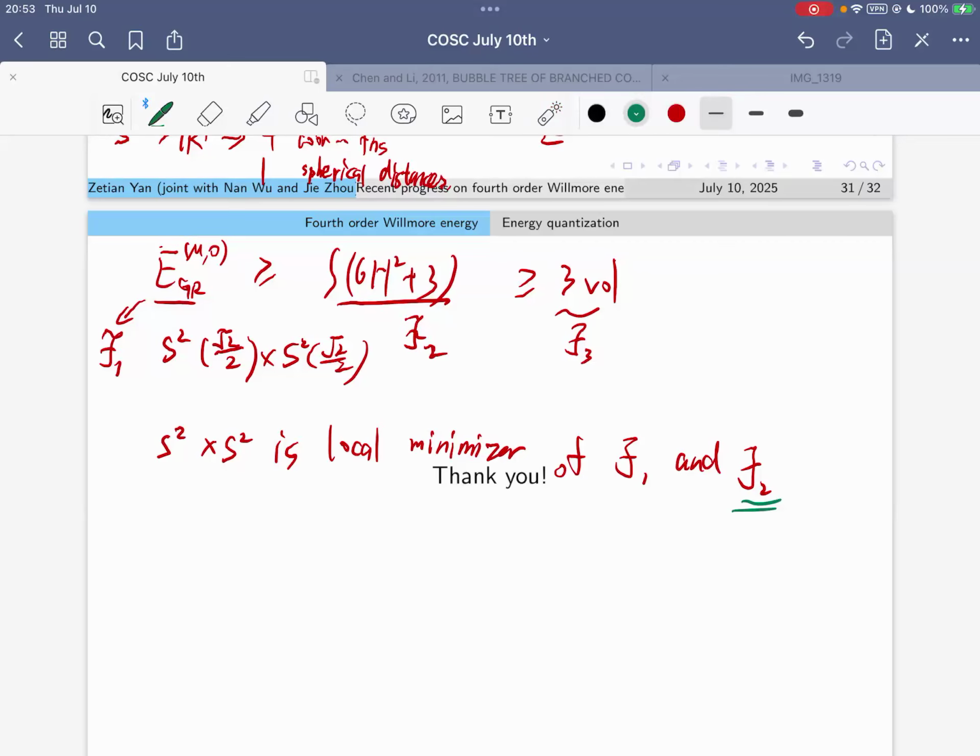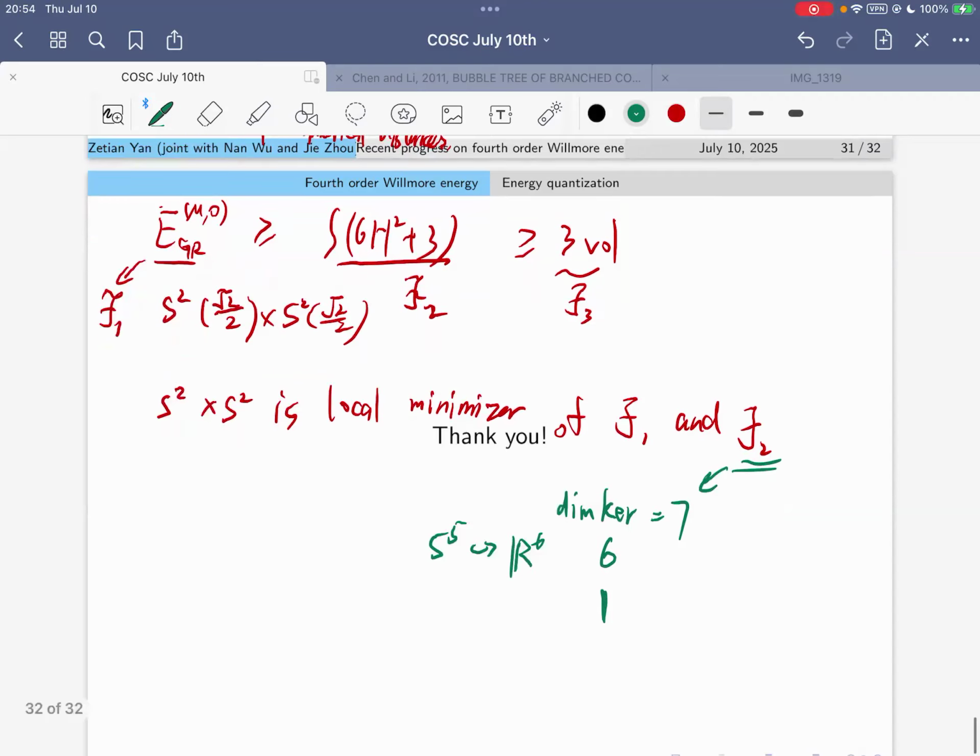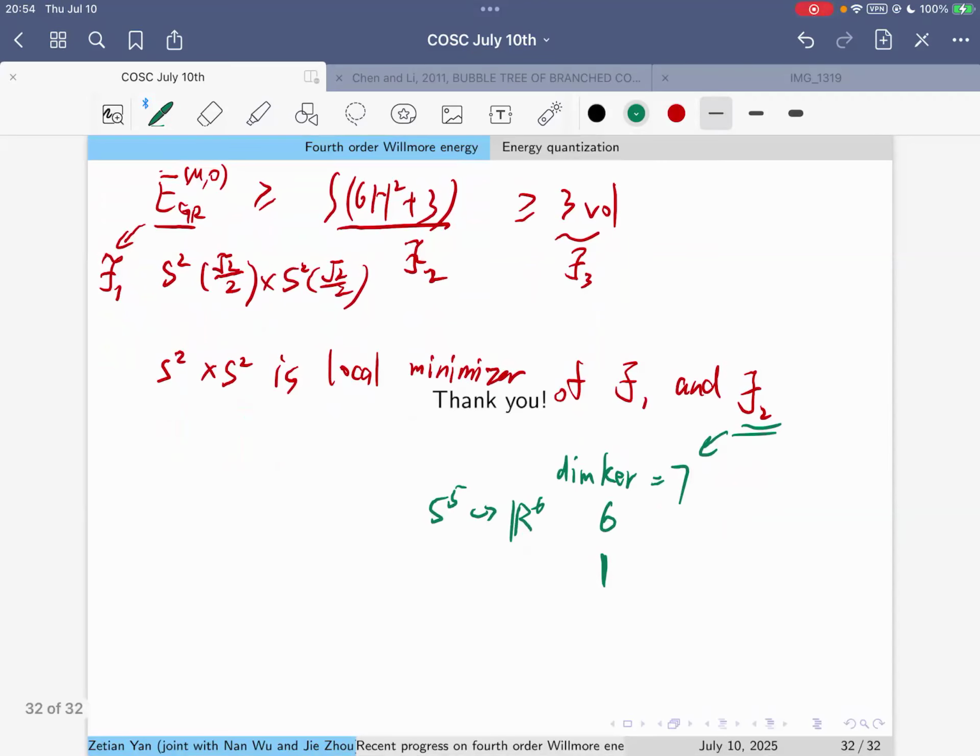Moreover, here we do not have an index. The dimension of the kernel is 7, because S5 is a unit sphere in R6. So you have 6 coordinate functions, which are now in the kernel, and you have 1 provided by the distance function. So the dimension of the kernel is 7.